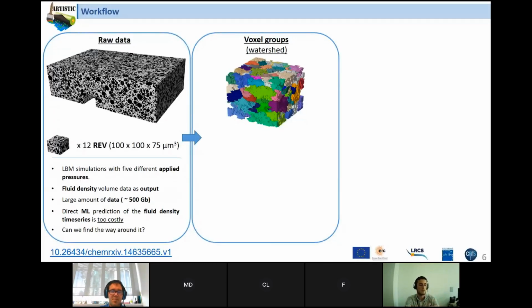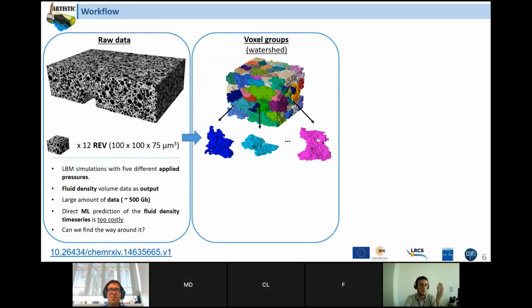And then if there are 2 different sources of water whose water levels touch each other, the algorithm will create what is called a watershed line. And what it will do is segment this pore space into independent objects, such as these ones, right?